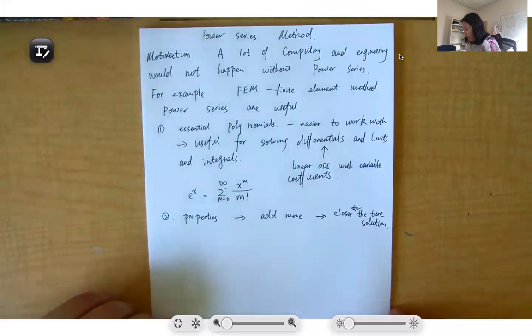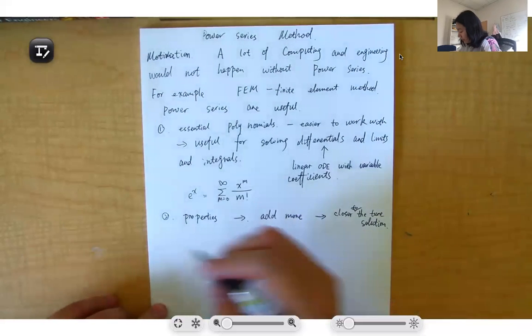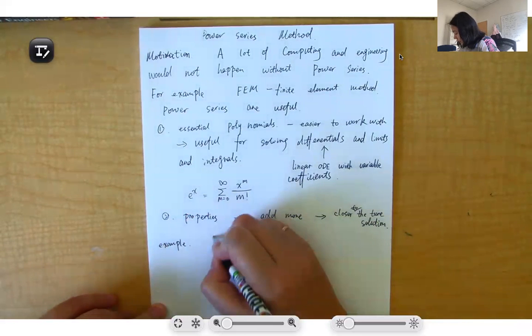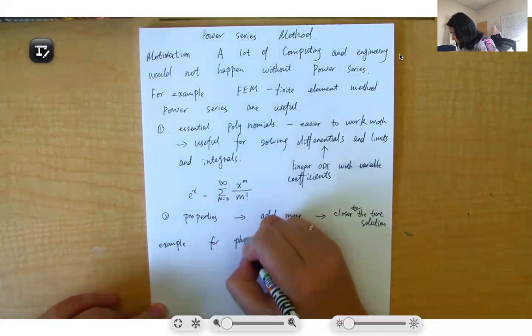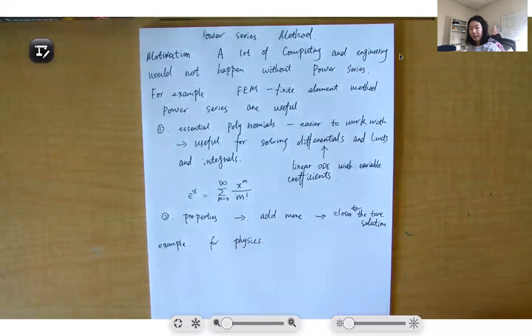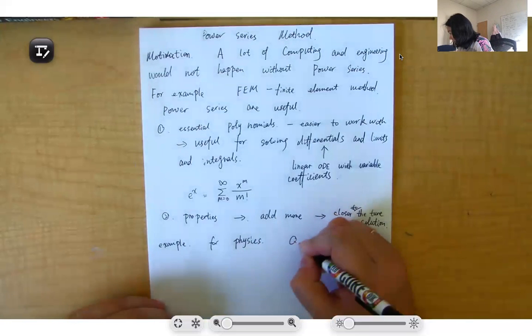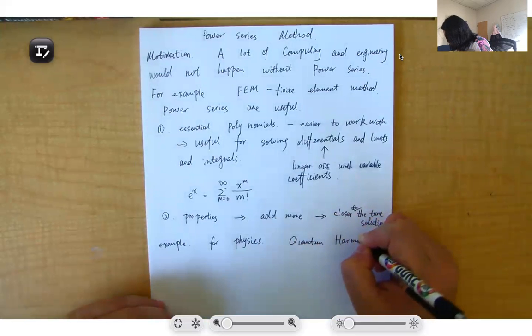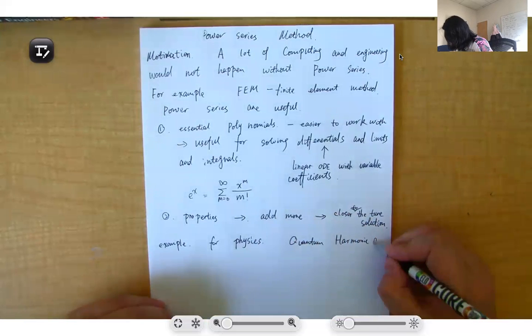Okay. And one example from physics which uses power series is the quantum harmonic oscillator.